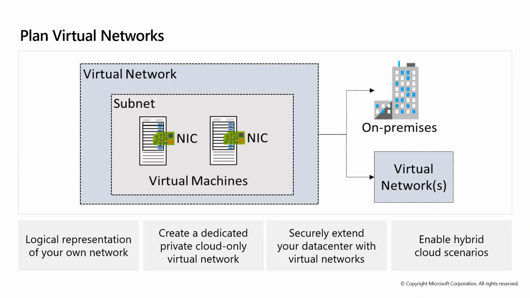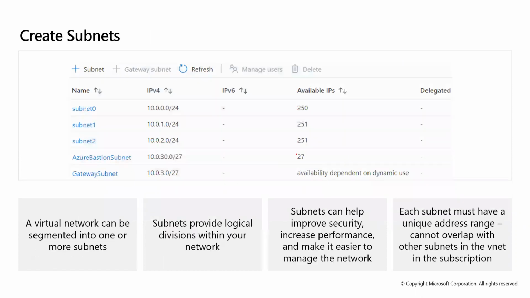So a VNet can further be segmented into what we call subnets. A VNet should have at least one subnet in it. Otherwise you'll not be able to create a VNet. A subnet is nothing but you further dividing your VNet into logical divisions.